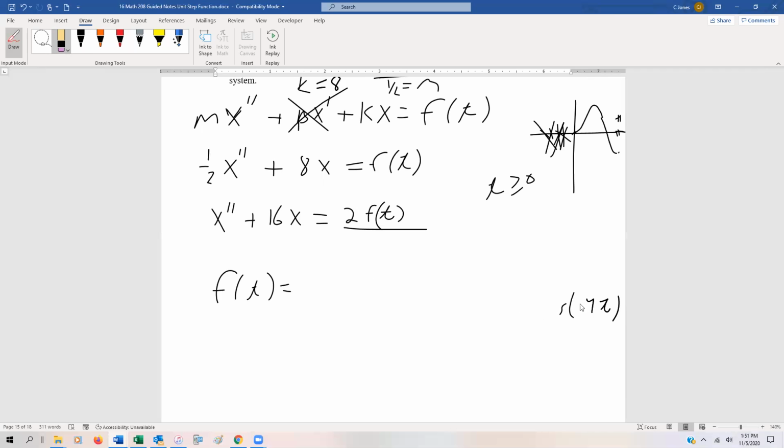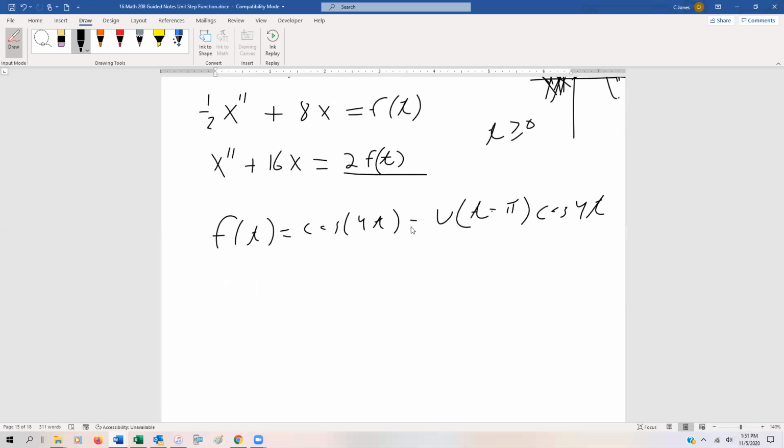And I'm going to erase this just one more time because the function really doesn't exist in the real world before 0. Right? So we're going to have cos of 4t minus the unit step function of t minus pi cos 4t. All right. So we can go through now and we can set up our second order differential, right?